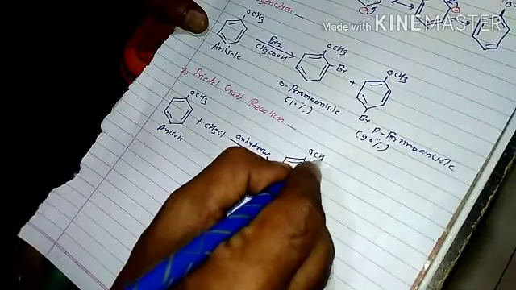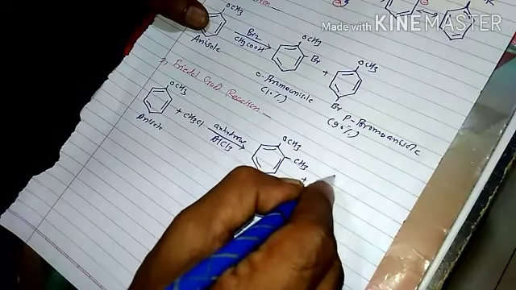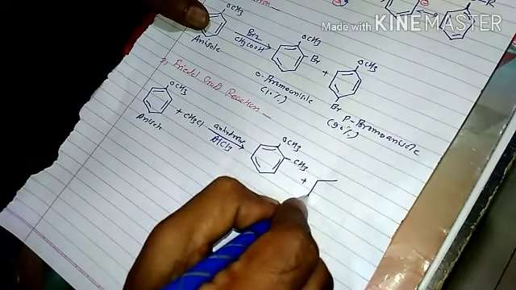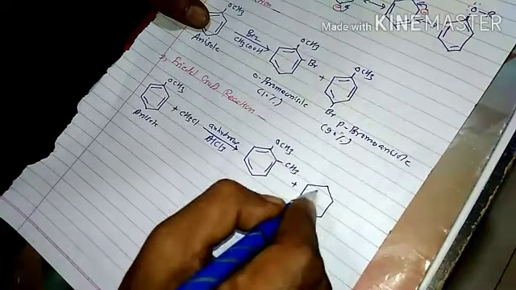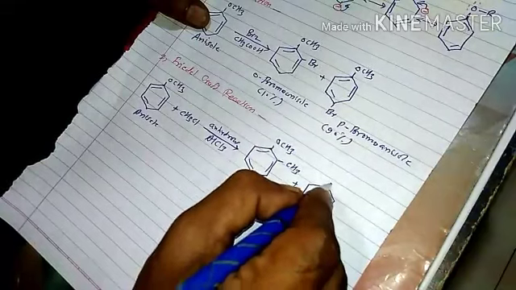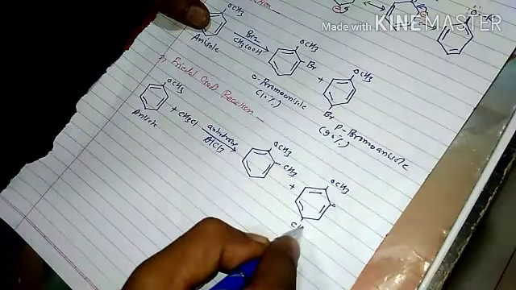So here OCH3, here there is CH3, okay, and plus again OCH3, and here this CH3.